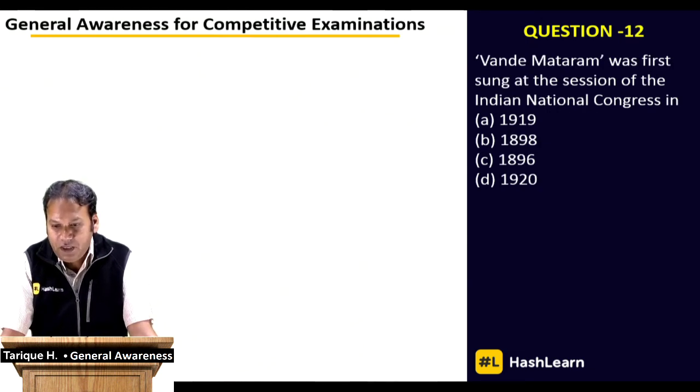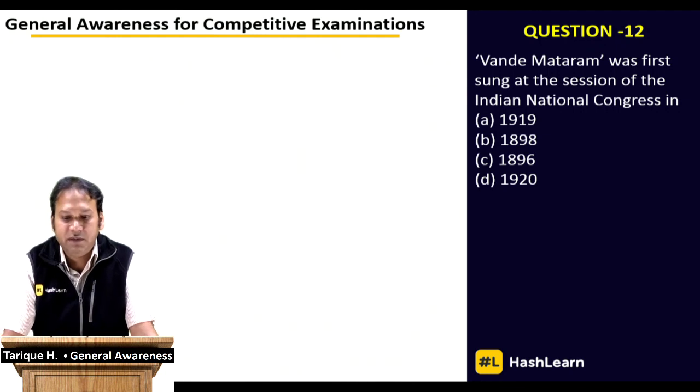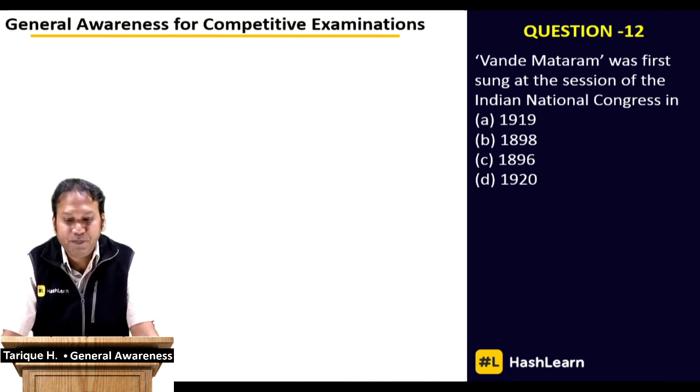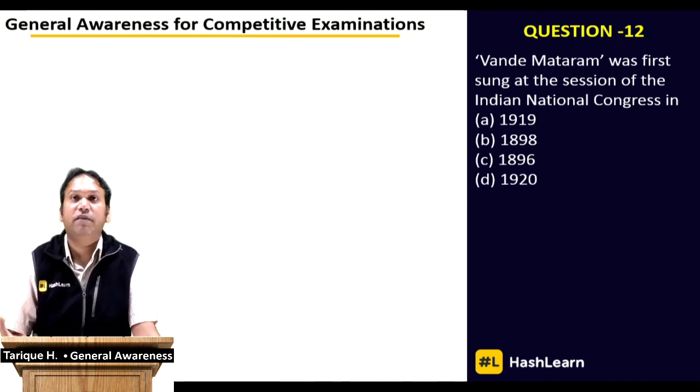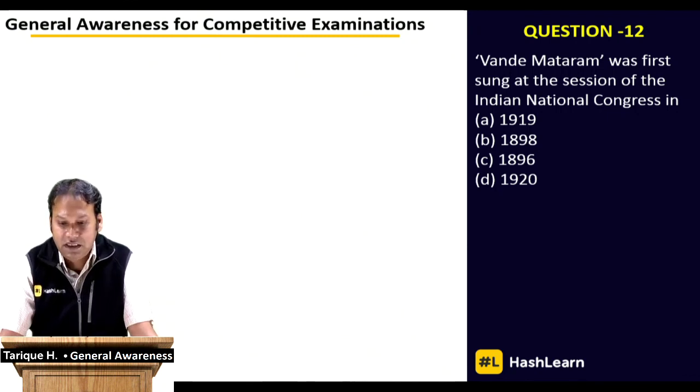Vande Mataram was first sung at the session of the Indian National Congress in. Vande Mataram, written by Bankim Chandra Chatterjee, was first published in Anandmath, a Bengali novel, and later became a major freedom slogan of India, and now we know it as our national song.